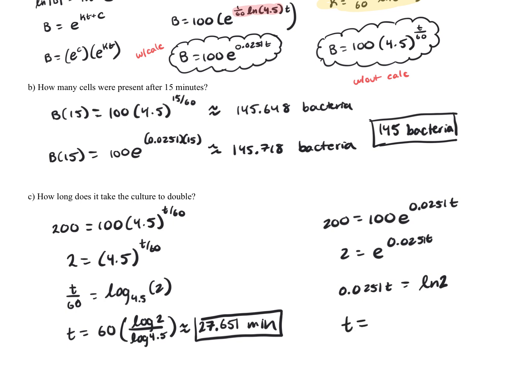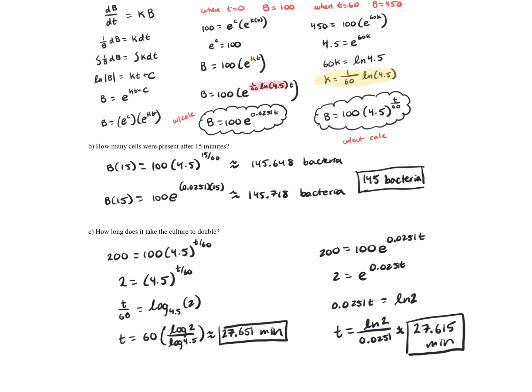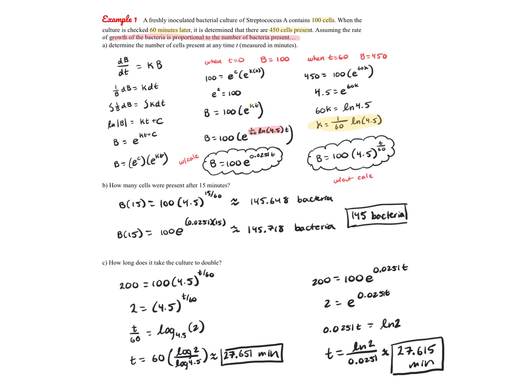So t is the natural log of 2 all over 0.0251, which is approximately 27.615 minutes. So very, very close, very, very similar answers, regardless of which form of our exponential growth model we are using.